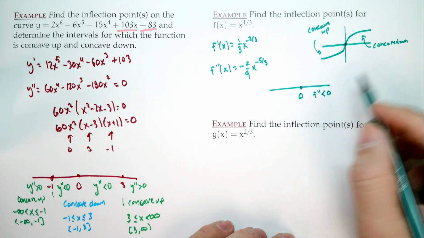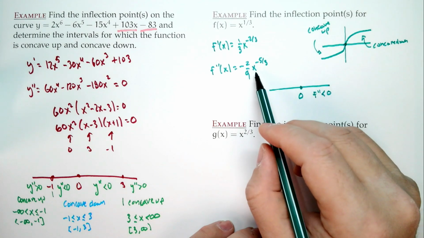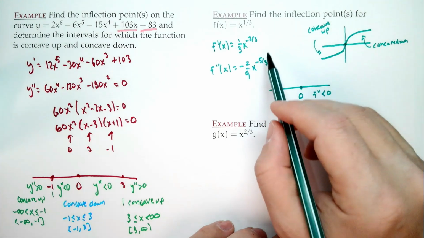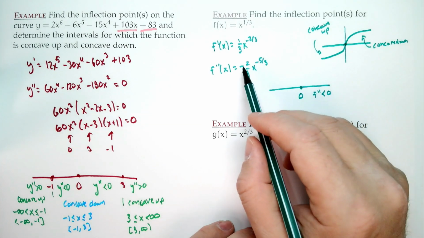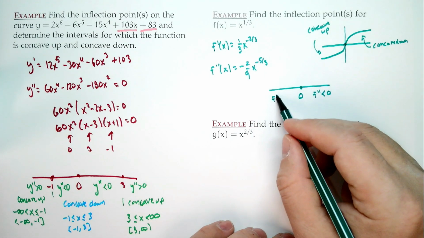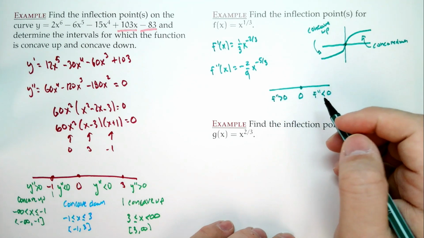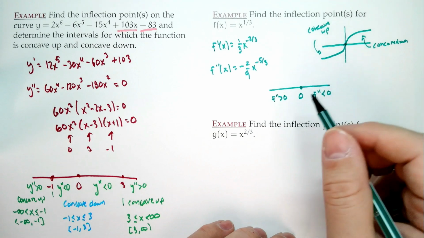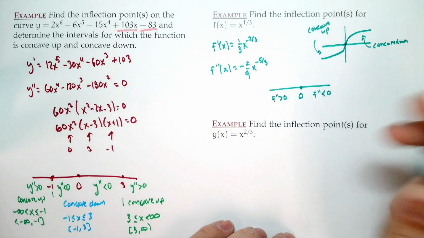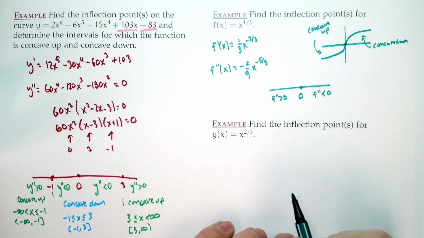So that matches with the picture. If I plug in a negative to a negative power like this, it will be negative times another negative, which means it'll be positive over here. And so everything's feeling good. Feels like 0 should be an inflection point. Let's come back to that in a second.